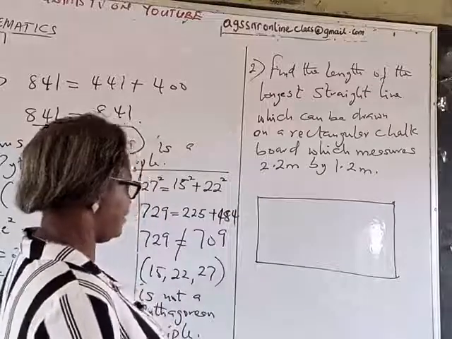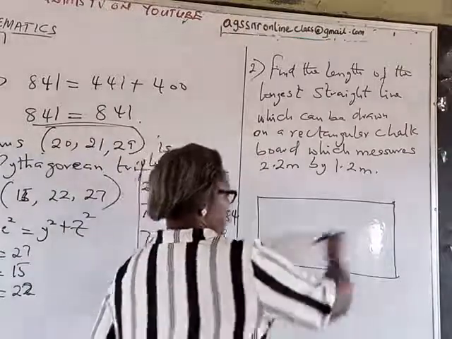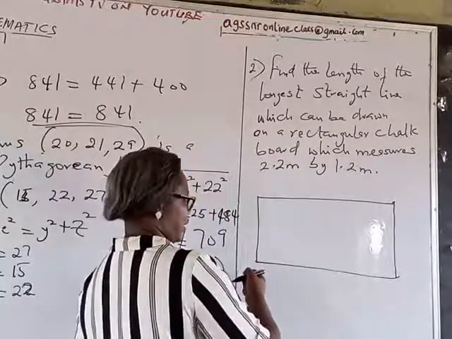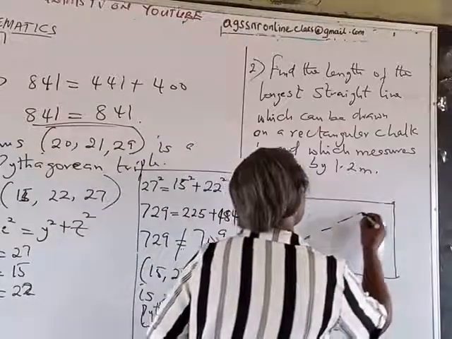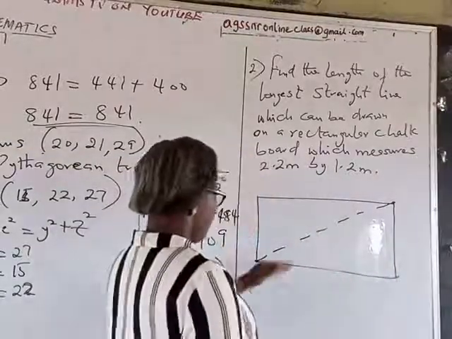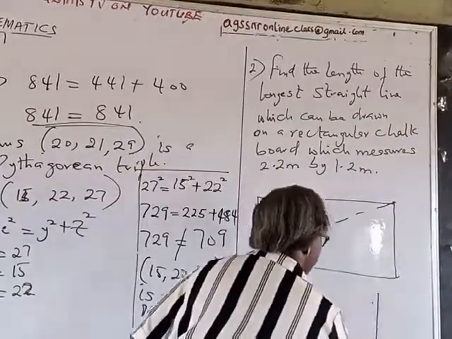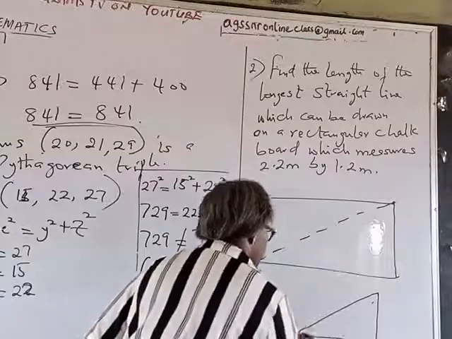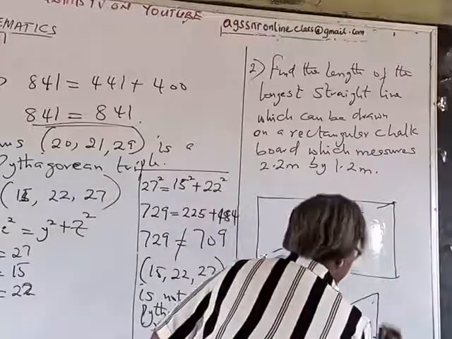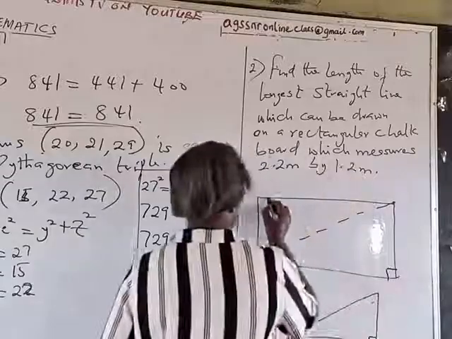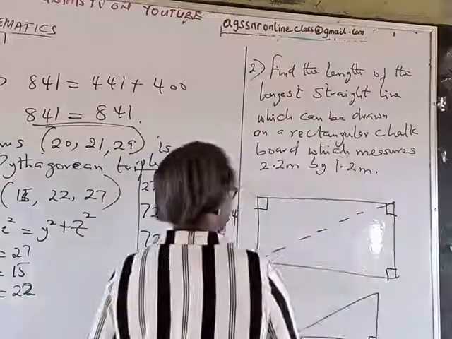Now the longest line that could be drawn is going to be the diagonal of this rectangular board. So we can have it like this. Bringing out that side, we have something like this. And in this case, you know that every angle in a rectangular box is 90 degrees.